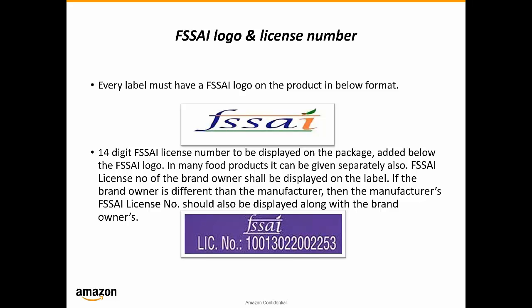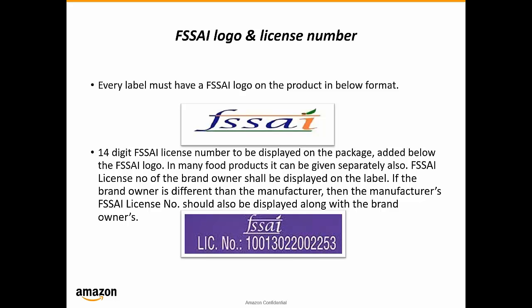What companies do, if they're manufacturing a single product at multiple third-party or their own locations, is write a code like ABC along with the manufacturer address and FSSAI license number. When they put the batch number, they trace it with the manufacturer address.